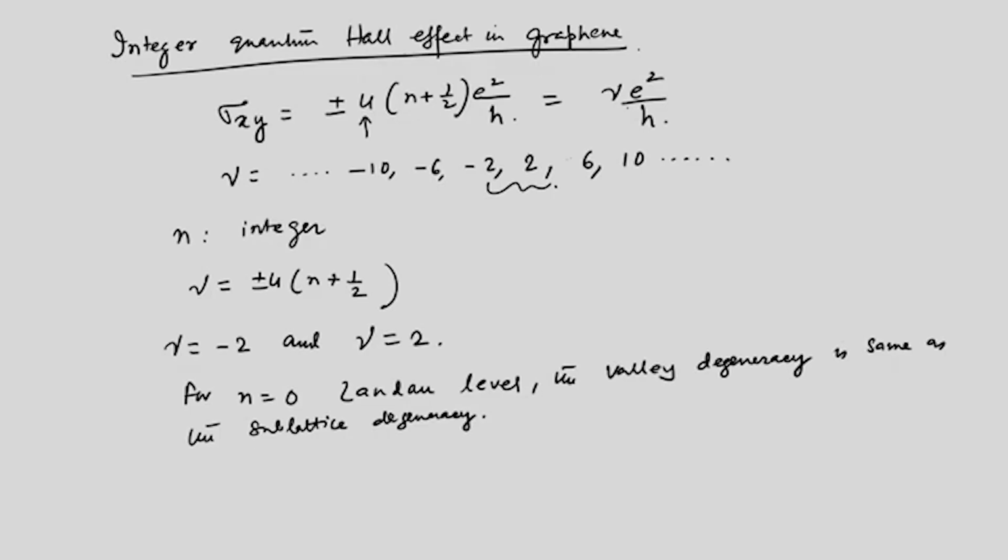Okay. So, n actually corresponds to the Landau level index, the same as the ones that we have derived, and nu is equal to plus minus this, which is the quantization of the plateaus.